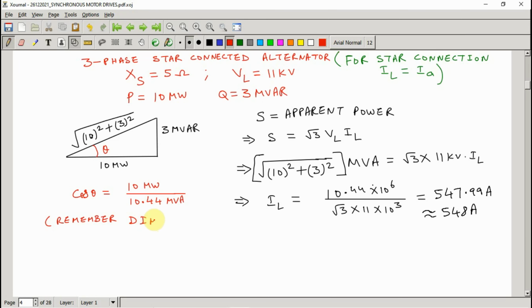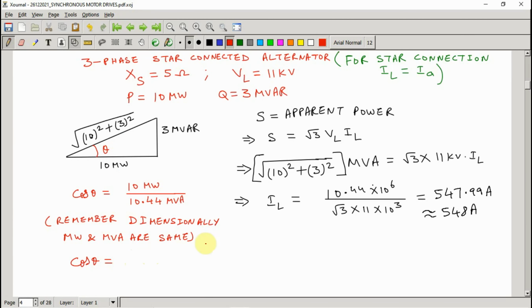Although they have different significance, one is denoting the apparent power, another is the active power, but dimensionally they are same.